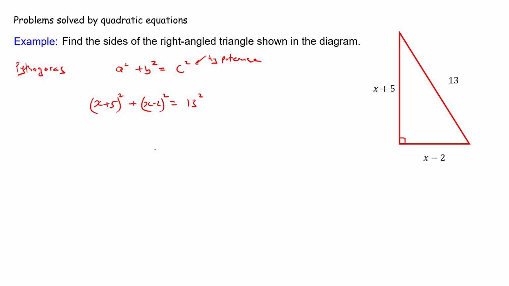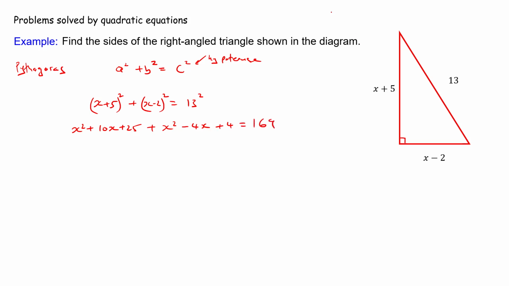So what we do now is we expand and simplify. So let's expand in the first instance. X plus 5 squared will give us x plus 5 times x plus 5. So that should give us x squared plus 10x plus 25. Make sure you check. Plus x squared minus 4x plus 4 equals 13 squared, 169.